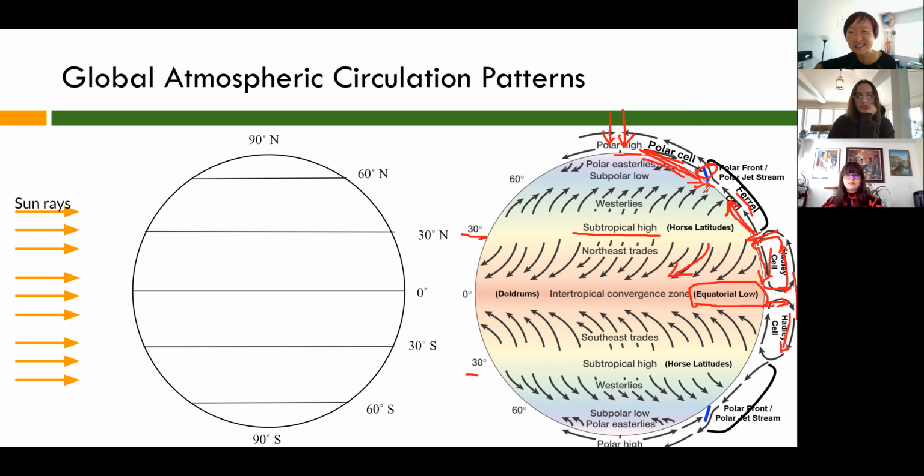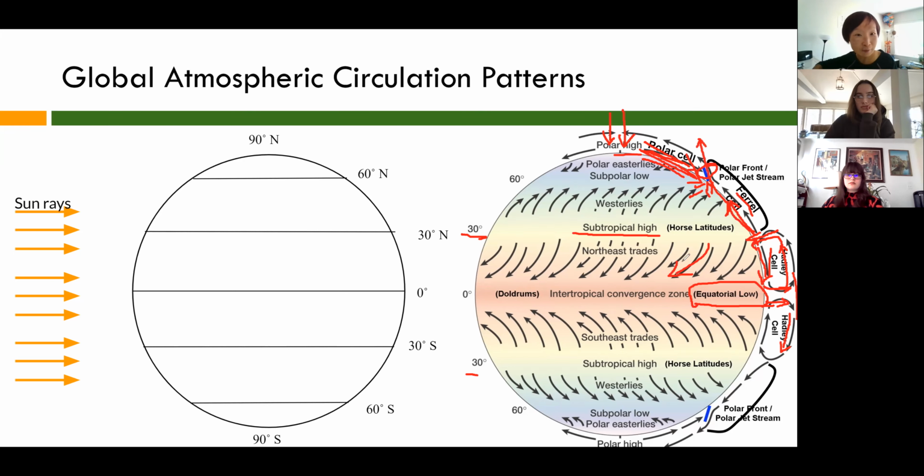But things are very interesting here. At about 60 degrees north, about like Alaska or the central part of Canada, you have this cold air and this warm air, and they collide. Warm air is fluffy and lighter, so it will be pushed up.